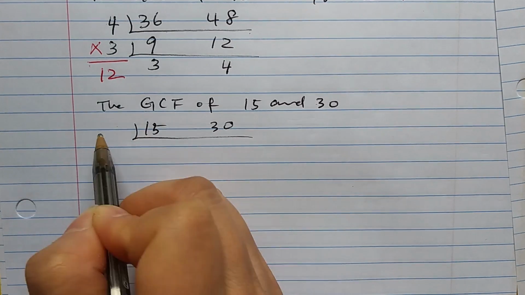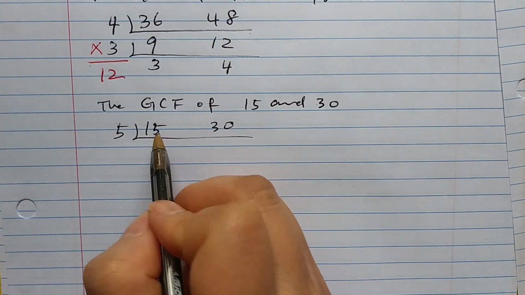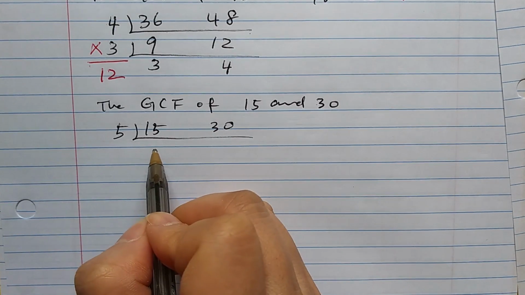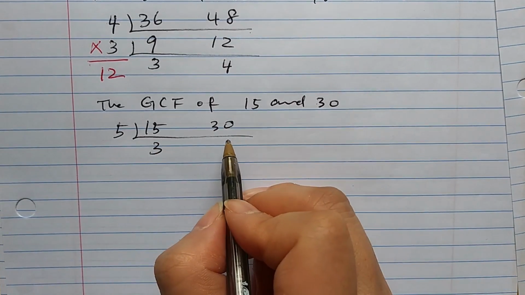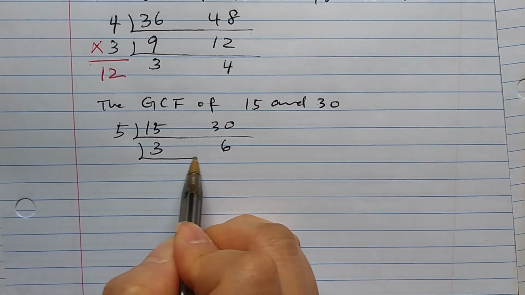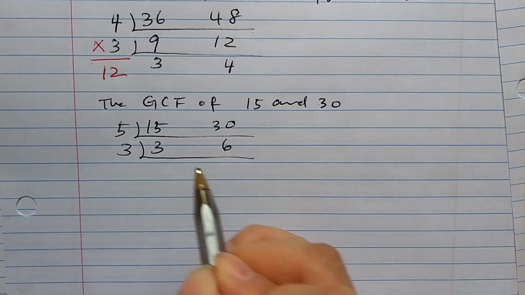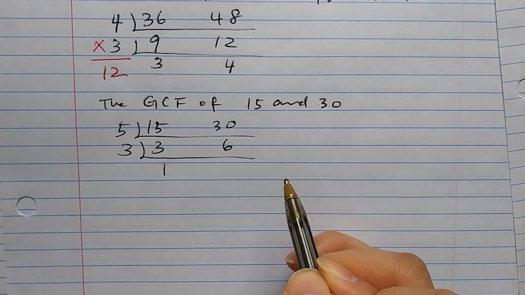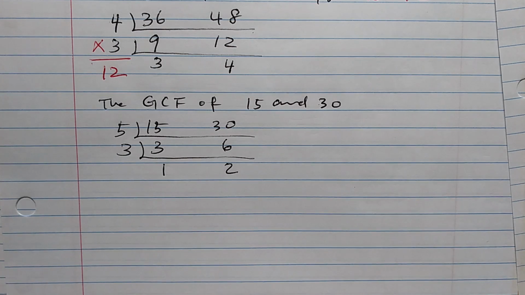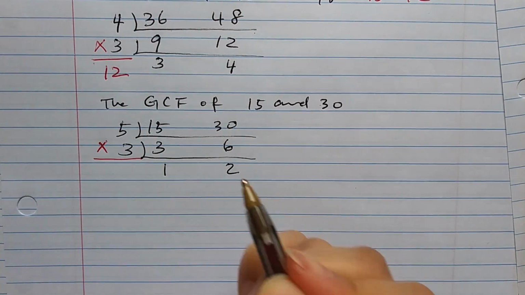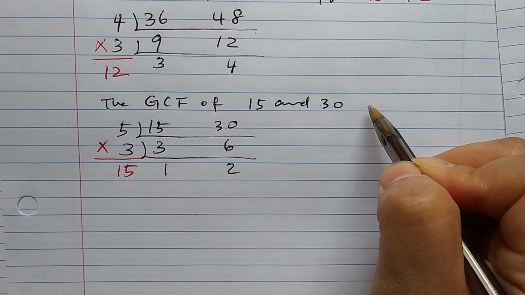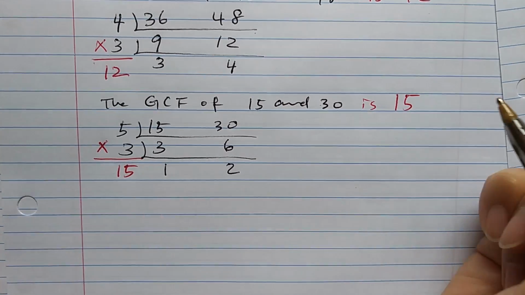Think 5 can divide both because one is ending with 5, the other one is ending with 0. 5 times 3 is 15, and 5 times 6 is 30. Now 3: 3 times 1 is 3, 3 times 2 is 6. Multiply these two numbers, and the greatest common factor of 15 and 30 is 15.